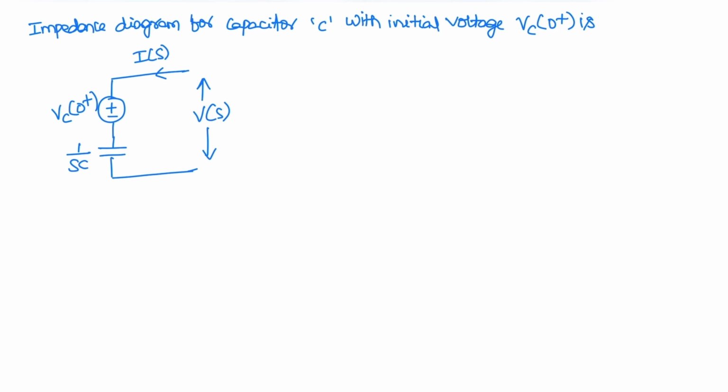Similarly, the impedance diagram for capacitor C with initial voltage Vc of 0 plus is this. This is the impedance diagram.